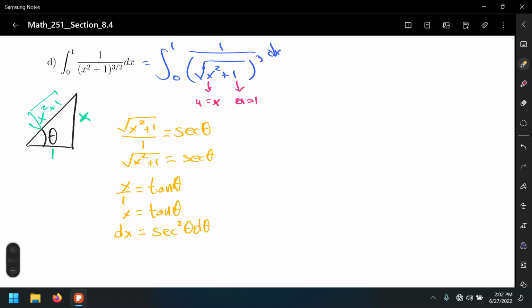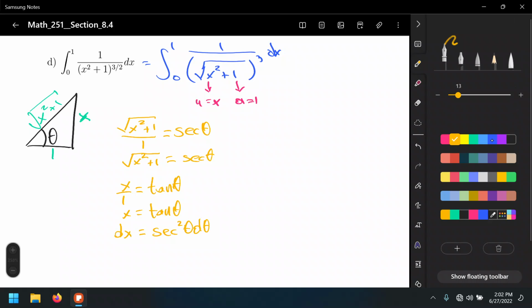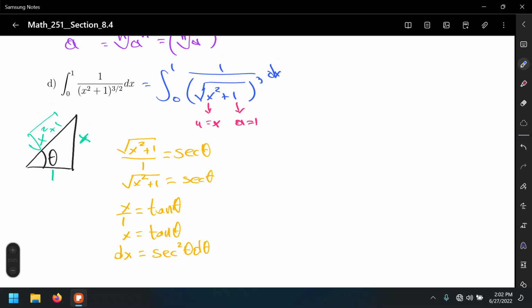So let's replace this radical part right here with secant theta. That is the integral, and I'm going to skip the limits. I didn't change the limits to the world of theta because it would have been a big mess to do that. In the meantime, I'm just going to stop writing the limits and focus on everything else.